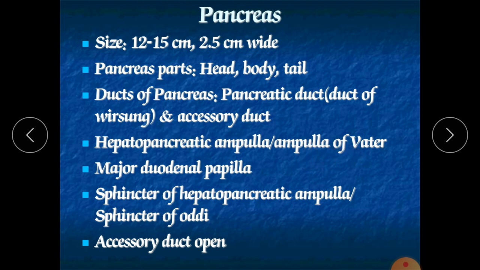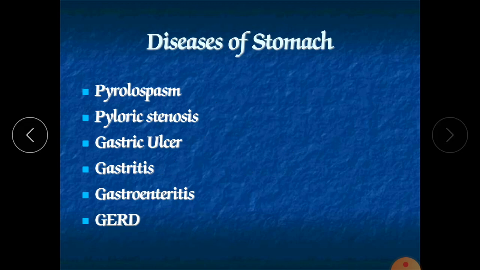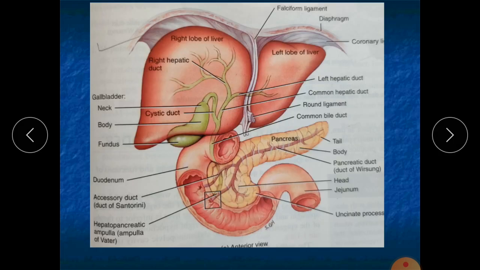Now the major duodenal papilla, what is that? It is where the hepatopancreatic ampulla opens into the duodenum. At the mucosa of this duodenum, there is the presence of voluntary muscle.